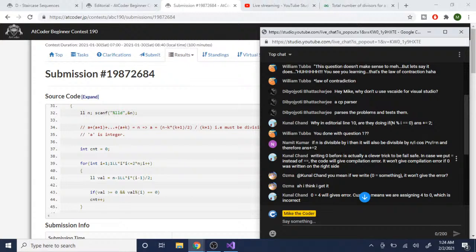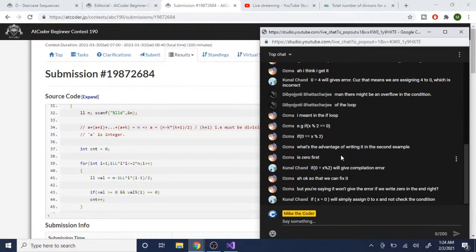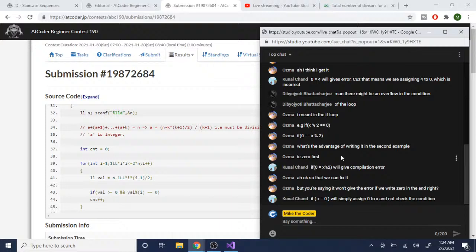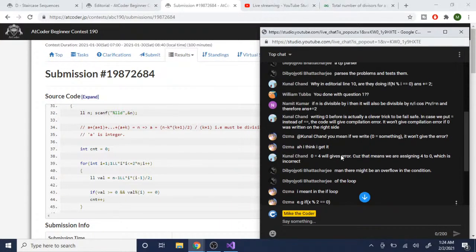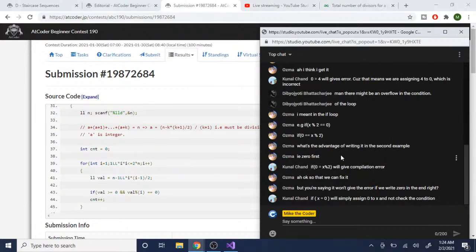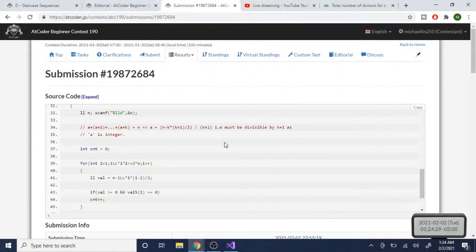If it's divisible by i and you divide it by i, you get n. Why would you add 2? Wait, shouldn't this be i times i plus 1 over 2? Why is it i minus 1 over 2?